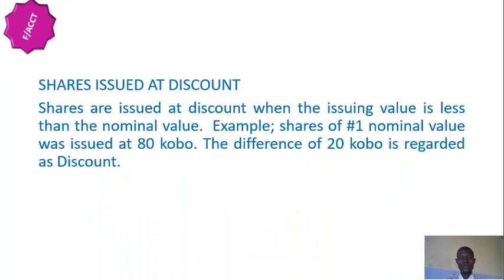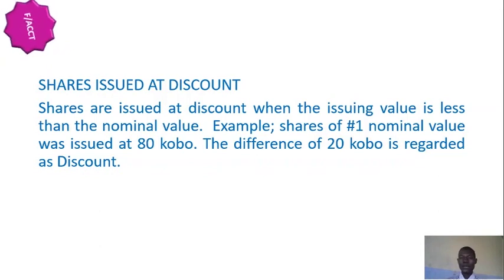Now the next one is shares issued at discount. Shares are issued at discount when the issuing value is less than, note this, less than the nominal value. Anytime the issuing value is less than the nominal value, the difference is what we call discount price. We are going to take this illustration.